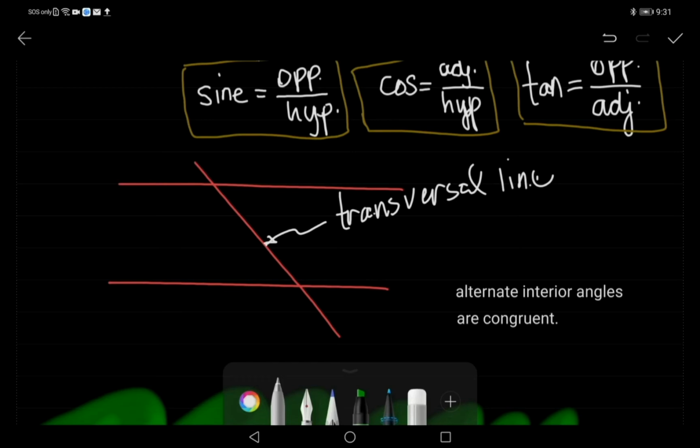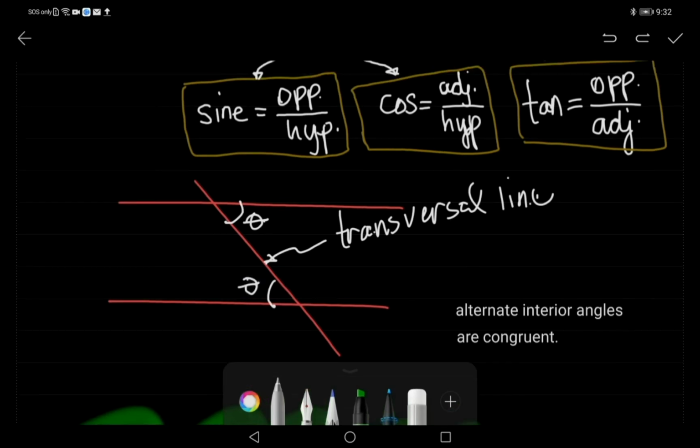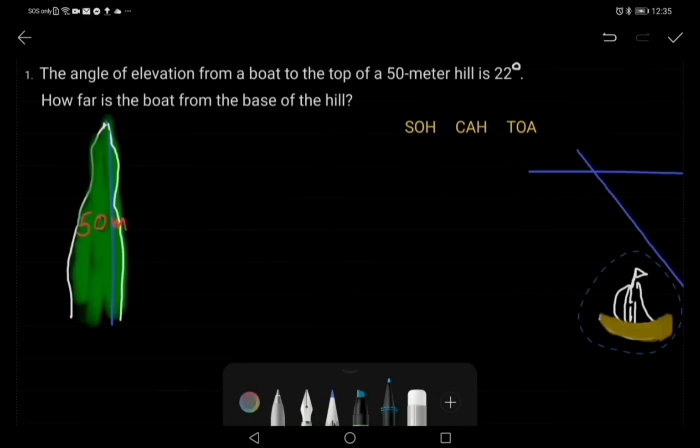And if this is the angle theta, this angle here is also theta. So they are equal. And the reason for that is alternate interior angles are congruent.